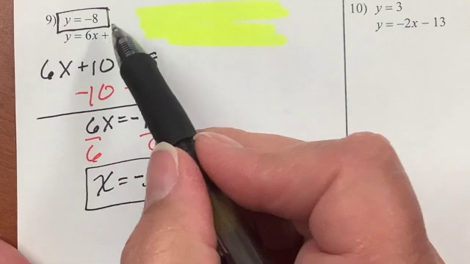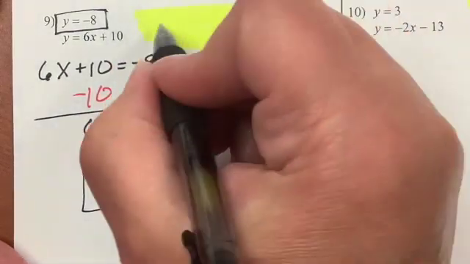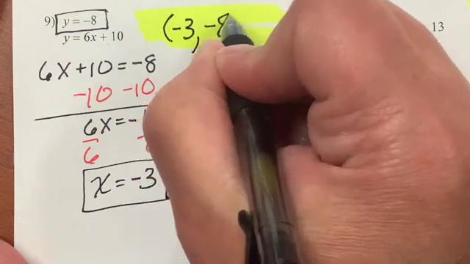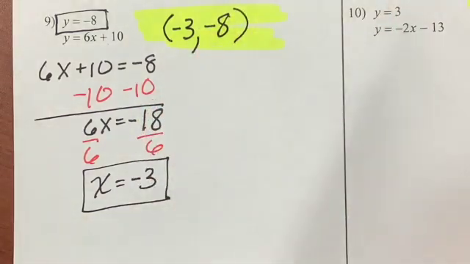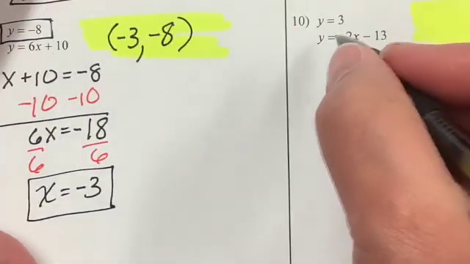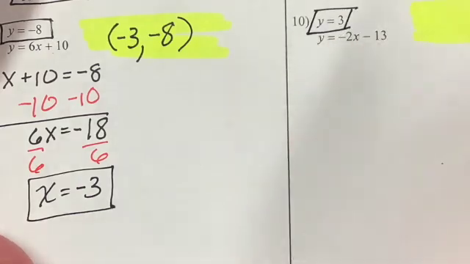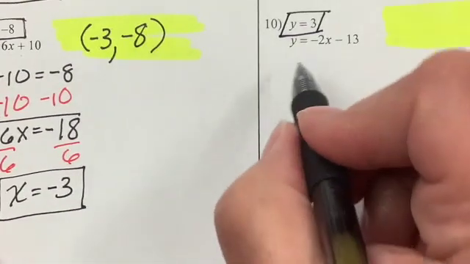Don't have to find the y, it's already there. So when I write it down, it's negative 3, negative 8. If they give you the y, you don't have to find the y. And they did it again right here. They gave me the y, I don't have to look for it.